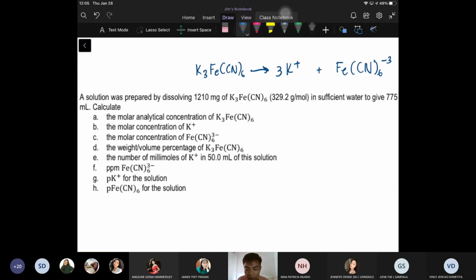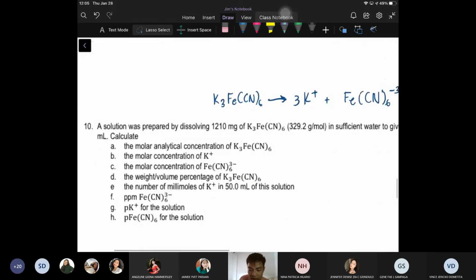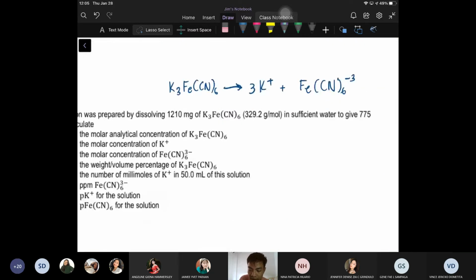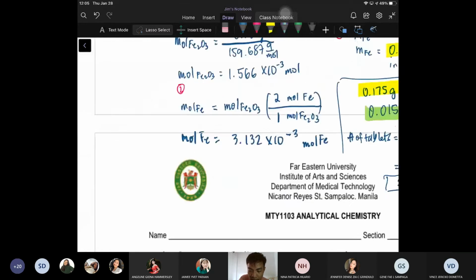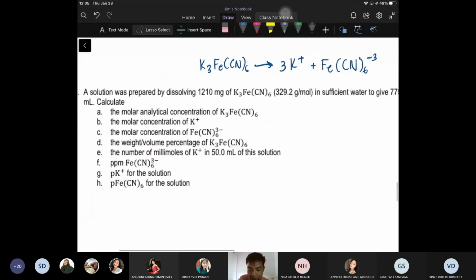Okay, so ito yung kanyang stoichiometry. So 1 mole of this substance, K3FeCN6, will dissociate into 3 moles of potassium ion and 1 mole of this anion.